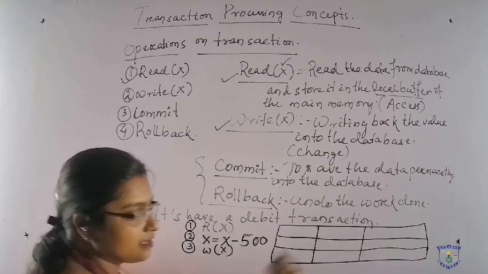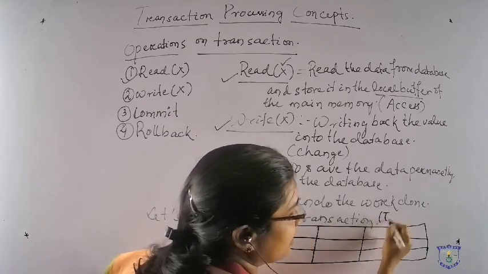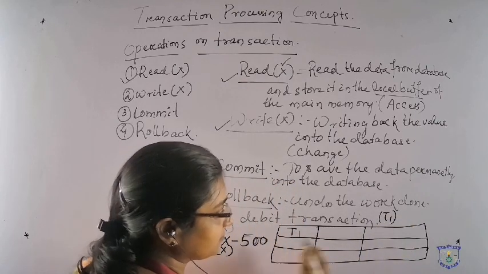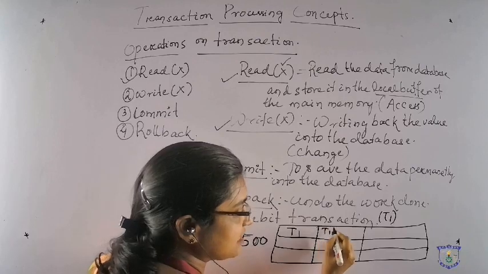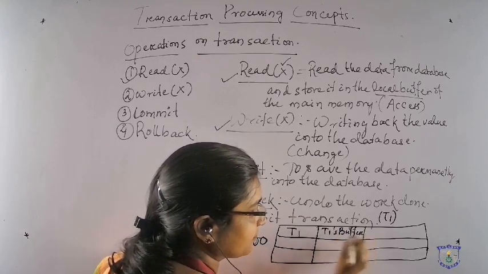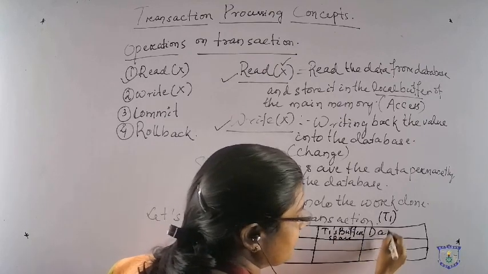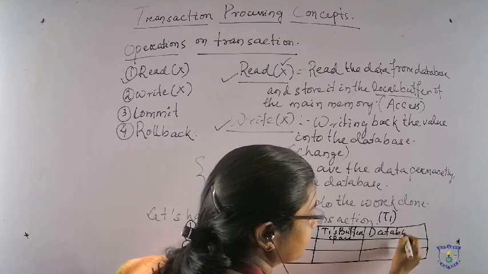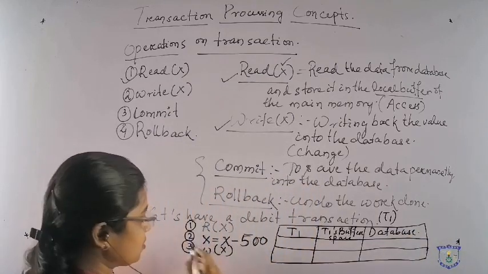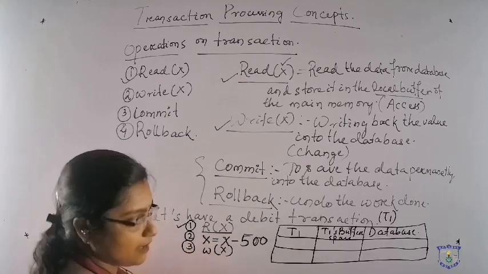Let's assume our transaction as T1. This is T1, this is T1's buffer space, and this is the database. So, moving on to the first operation, that is read of X.